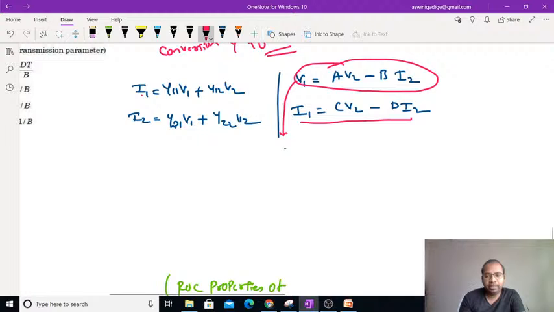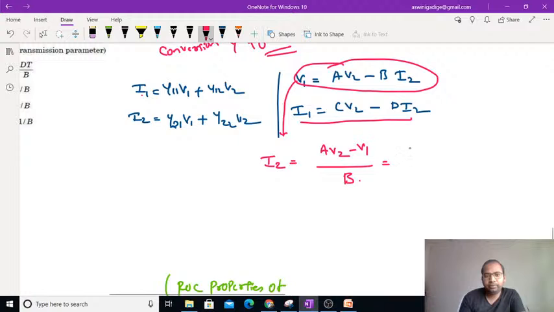I2 is equal to (AV2 minus V1) divided by B. Correct? I2 is equal to (AV2 minus V1) by B. Understood, all of you?